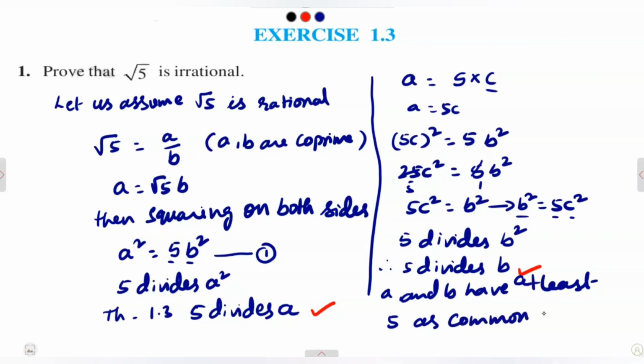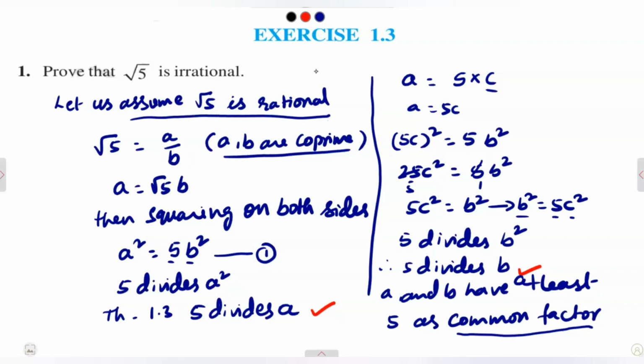But this is contrary to what we thought in the beginning, that a and b are co-prime. Co-prime means they don't have any common factor other than 1. But here we are getting 5 as a common factor for a and b. So this is a contradiction. This contradiction arises due to our assumption that root 5 is rational. So we can write finally that root 5 is irrational.